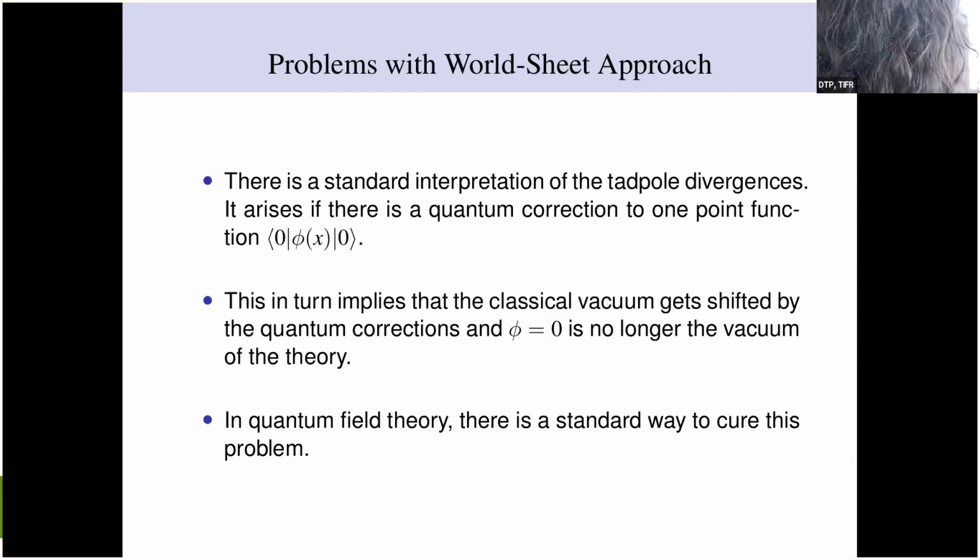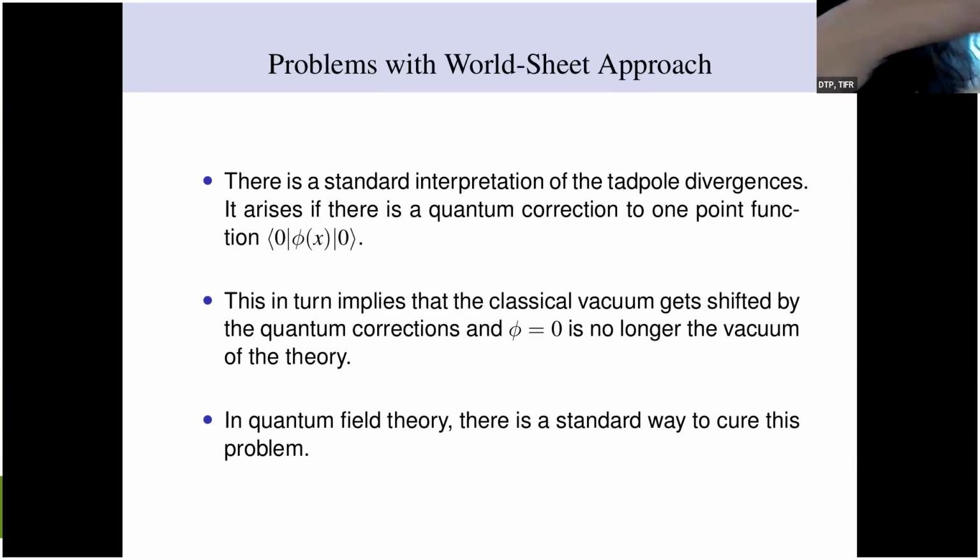What is the interpretation? There is a standard interpretation of this kind of tadpole divergence in quantum field theory. These divergences arise if there is a quantum correction to the one-point function. This basically means that your classical vacuum, around which you are doing perturbation theory, is no longer the vacuum of the theory.